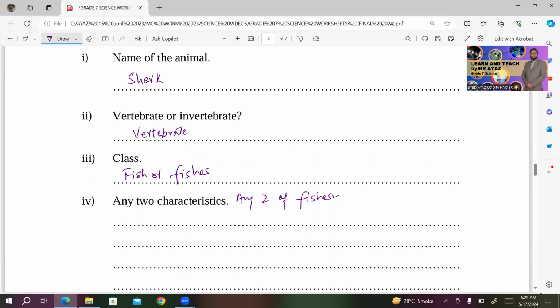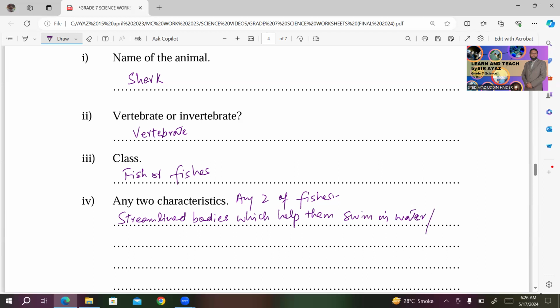Like you can write streamlined bodies which help them swim in water.